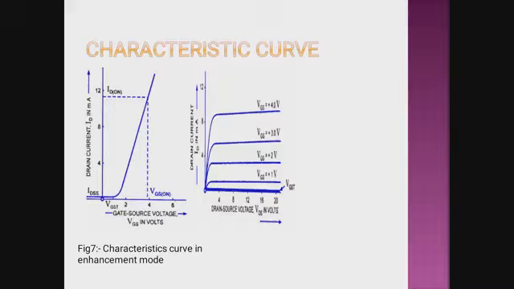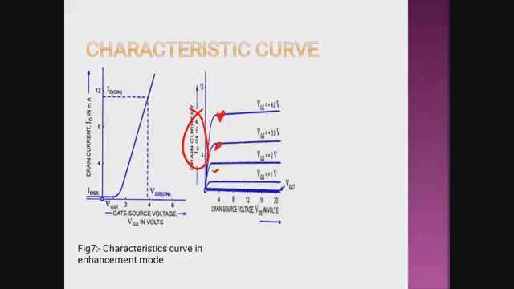Suppose for this plot, when VGS is equal to 40 volt, this point is called the pinch off point. Pinch off means the particular voltage due to which the current becomes constant. The drain current becomes constant. This is called the pinch off condition.